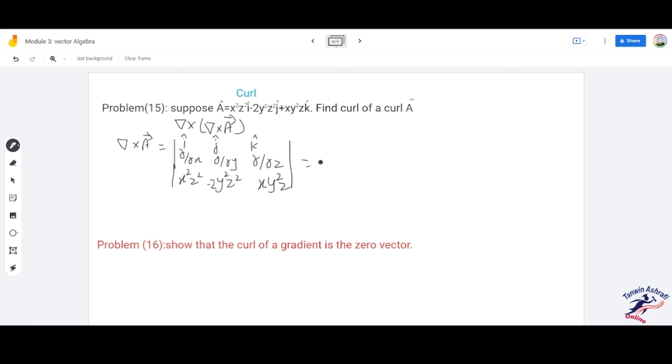We have to find this determinant value, and that gives us del cross A. You know how to solve the determinant, so I am directly writing del cross A as (2xyz plus 4y square z) i cap minus (y square z minus 2x square z) j cap.